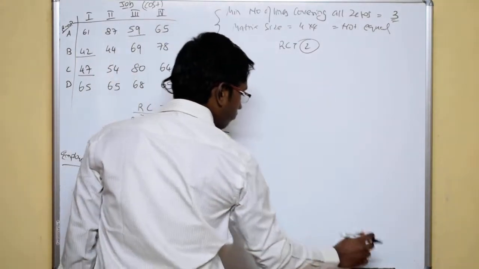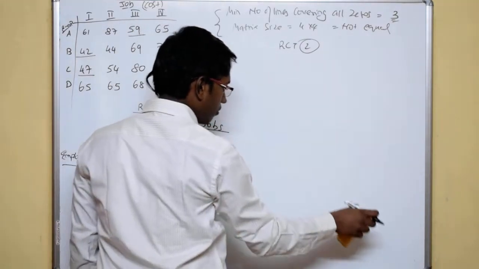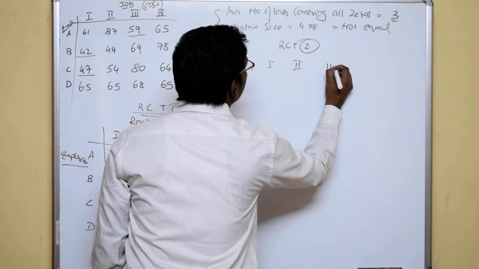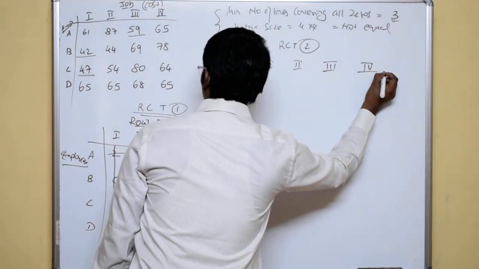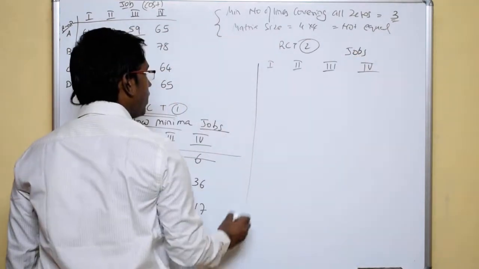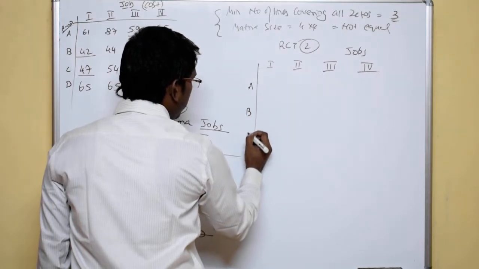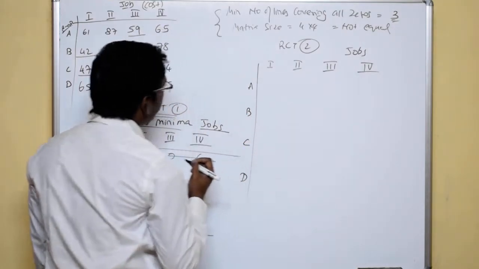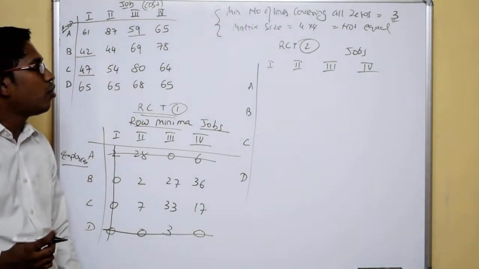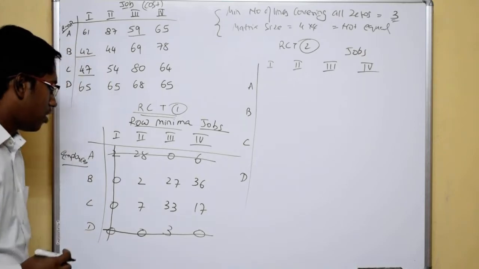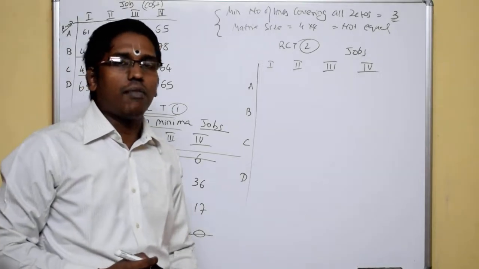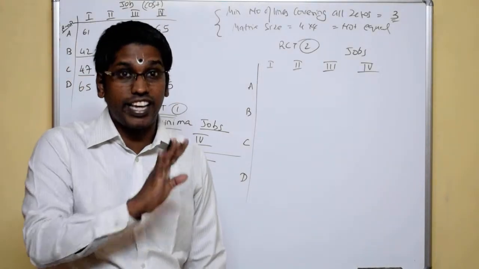Our 4 jobs are 1, 2, 3, 4, and our 4 employees are A, B, C, D. When you are in such a condition, how to make the next RCT is the question. What we will do is, out of all the unmarked numbers, unmarked number means where no line is passing.